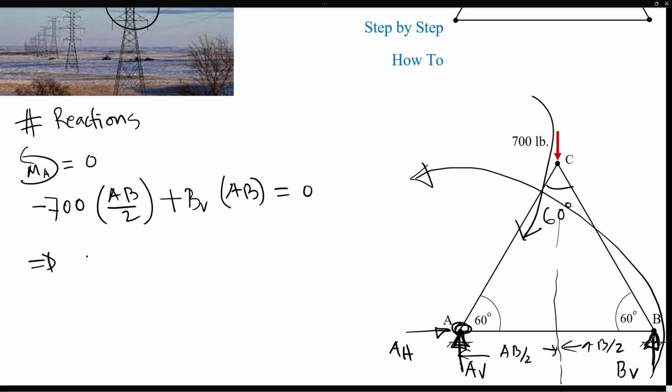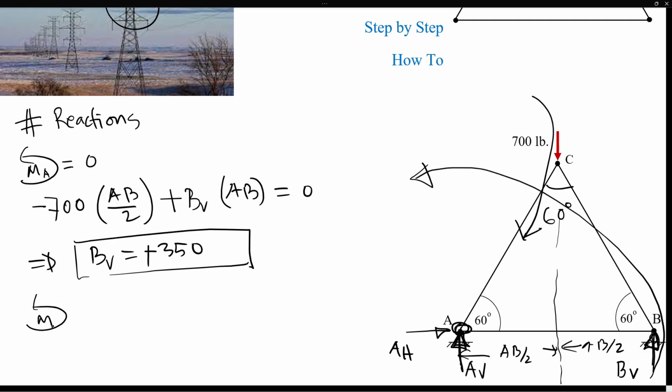Then we can calculate the vertical reaction at B, which is positive 350. Then you can take the moment with respect to B, everything sums to 0, and you're going to find the exact same thing in this scenario.